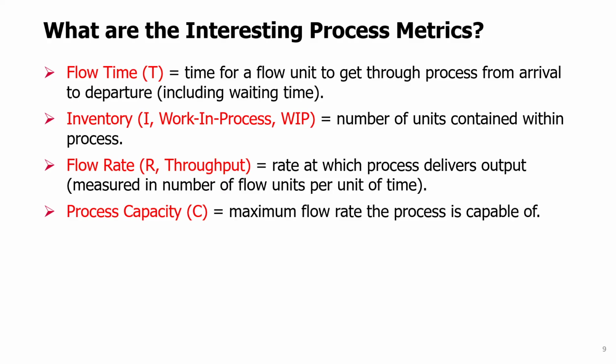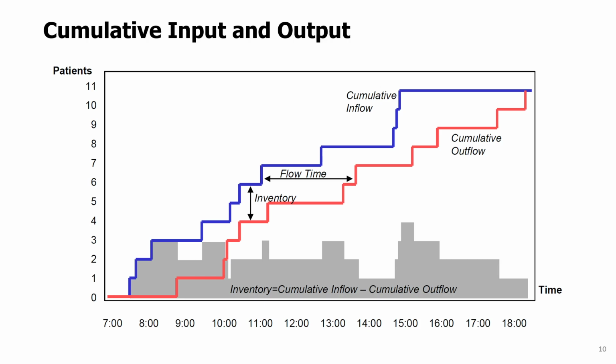So an interesting view for the interventional radiology unit would be to look at cumulative input and output, so the cumulative number of patients who entered the process and who left the process. So you see here, the blue line is indicating the number of patients who arrived in the process, and the red line is indicating the number of patients who left the process.